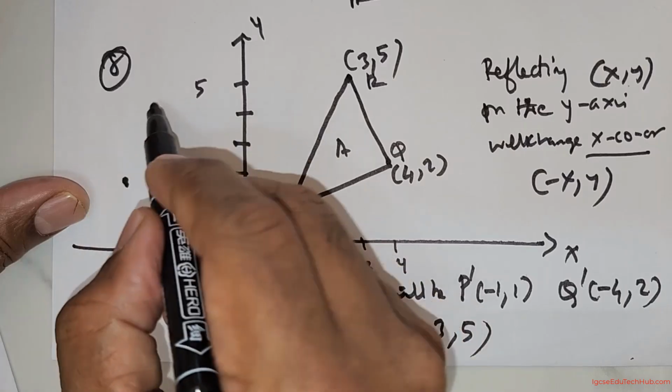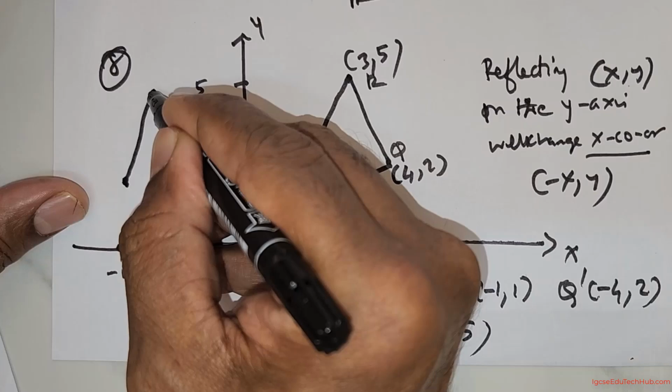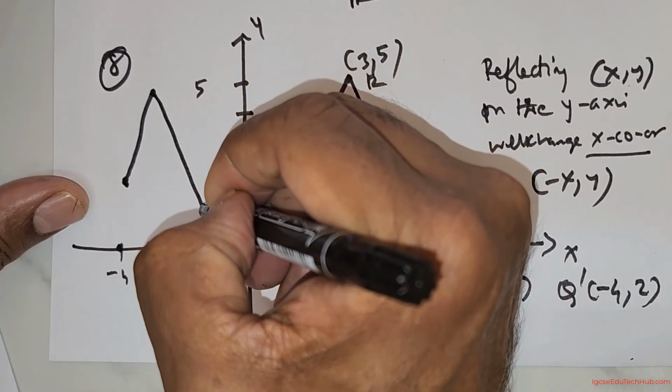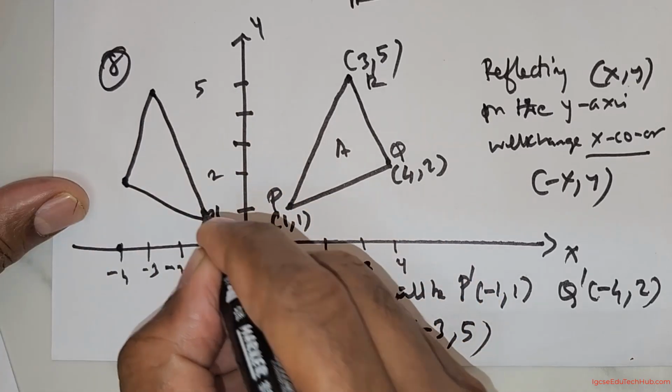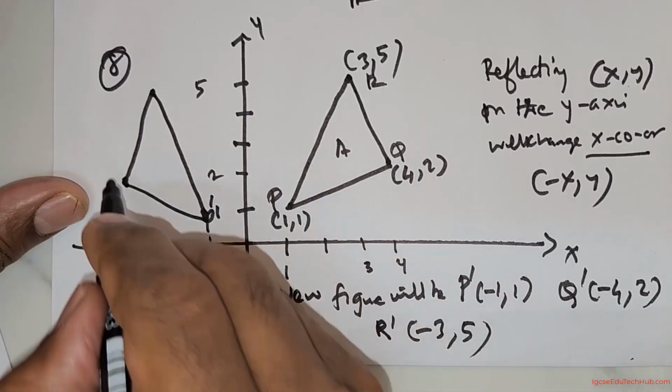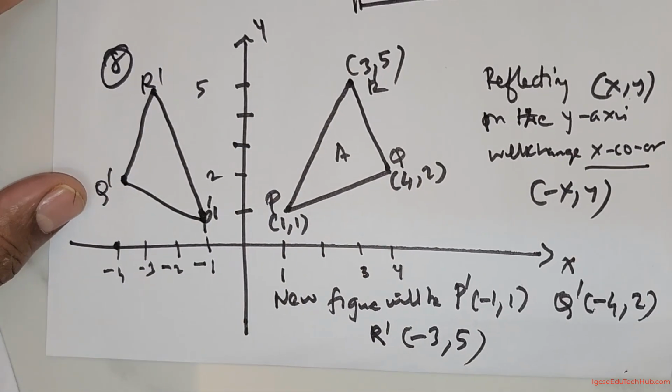And then negative 3 all the way to 5. So if you were to draw this, this is how it's going to look like. Okay. So this is P dash, Q dash and R dash. So that is the reflecting that image part.